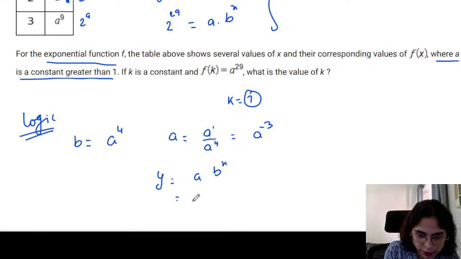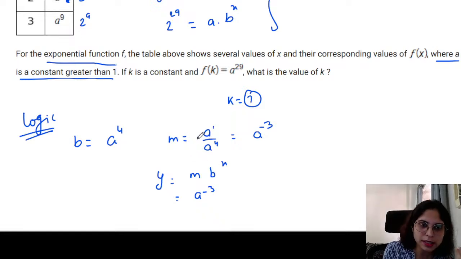So your a value per se is a to the power negative 3, and let me call it something else, let me call it n. It is easier. You can take any variable.